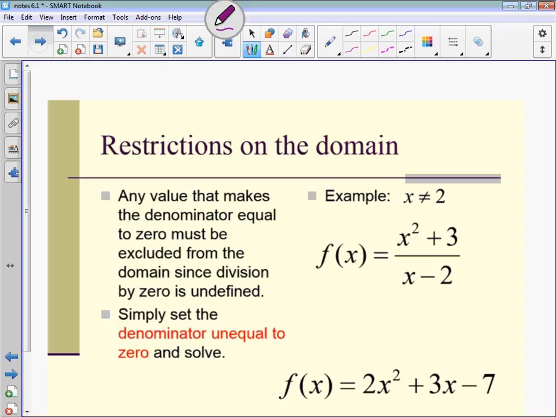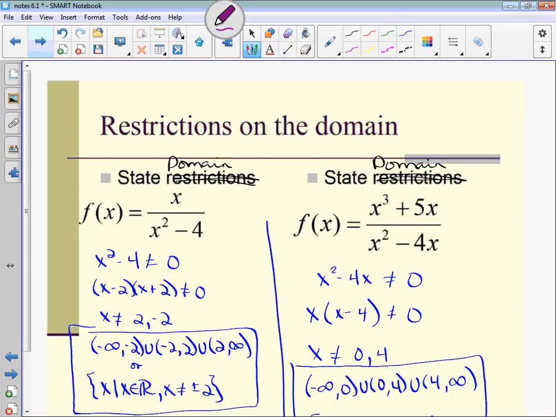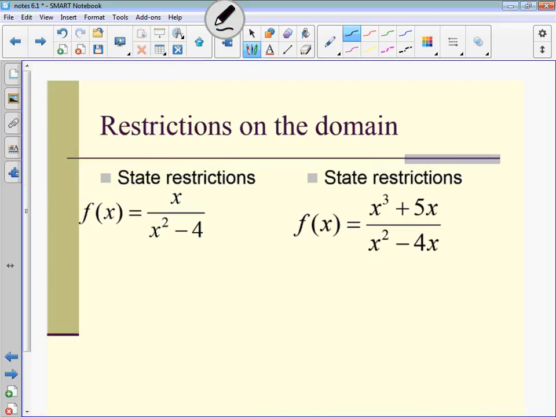I want to skip that. Let's just start here. It looks scary, but it's not. Ignore the title here. We are just going to do some domains. So right, state the domain. Those are your directions.